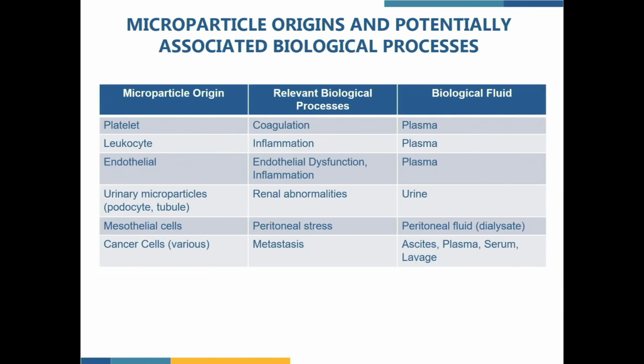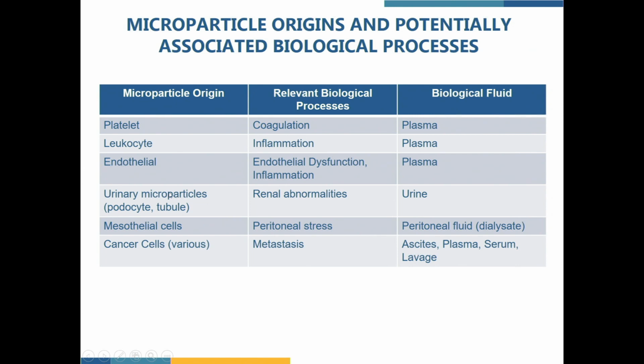So this is a quick summary of some of the various microparticle species that we have looked at, and the relevant biological fluid that they can be found in. Plasma mainly contains platelet microparticles, leukocyte microparticles, endothelial microparticles, and a small amount of erythrocyte microparticles.